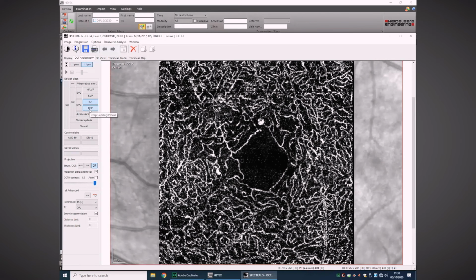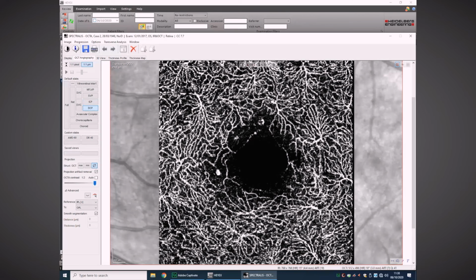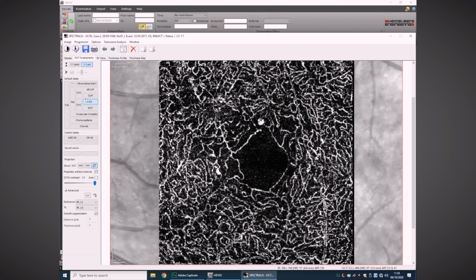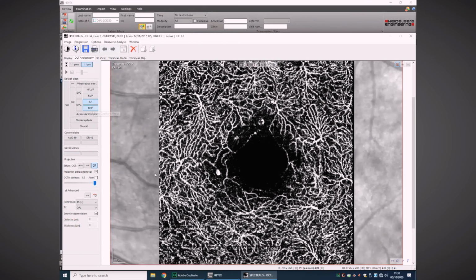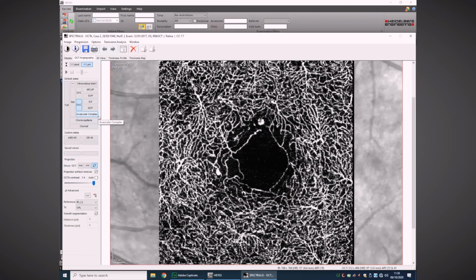Also, you can move to the deep capillary plexus, and there you see we have a much more dense pattern or mosaic of capillary structures compared to the intermediate. So at the moment you can flick between those separate plexus to evaluate what is happening rather than the combined vascular complex.